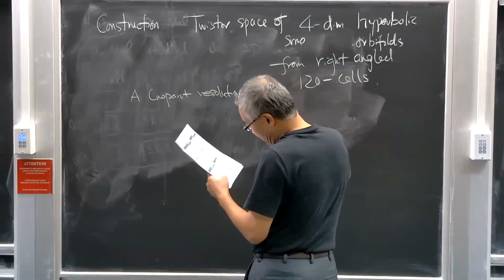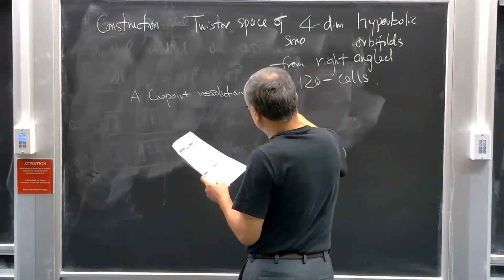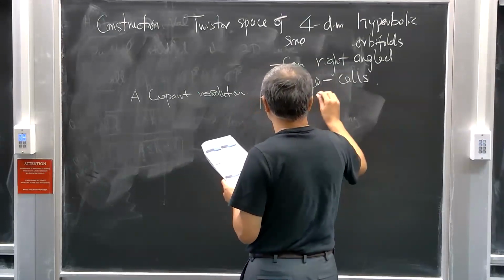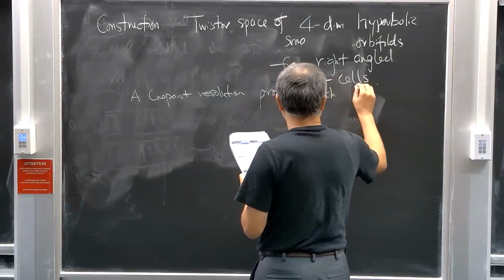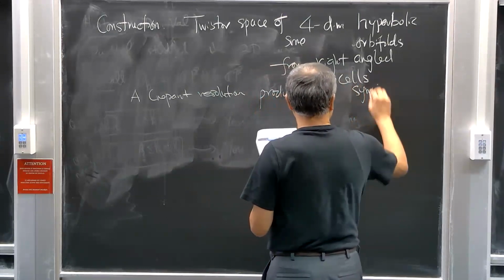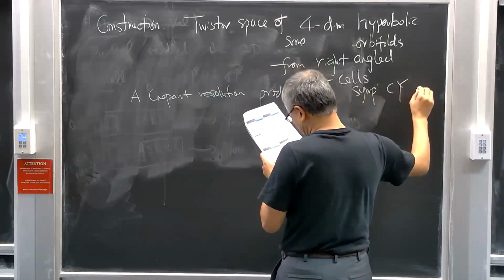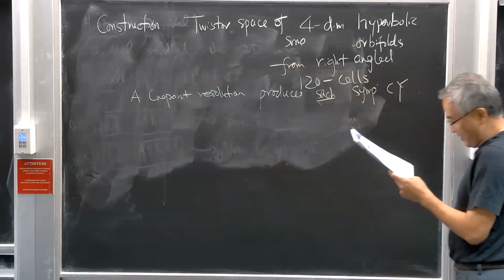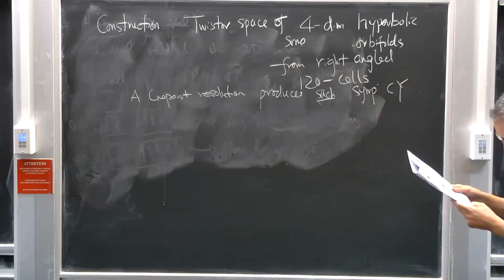C1 trivial. In such a way you get a symplectic Calabi-Yau with the required properties.